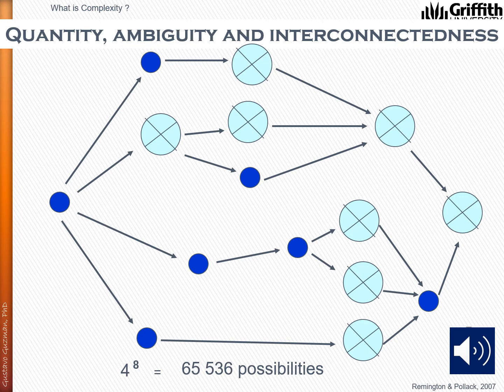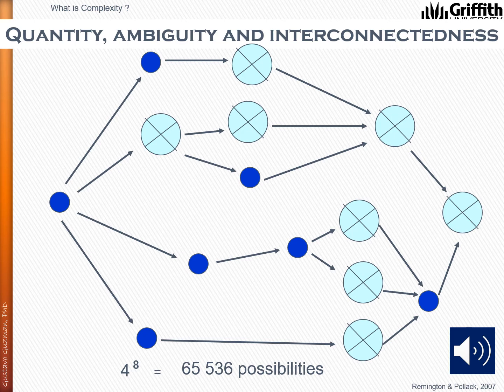In this example, we show a larger project. We have 15 different elements, and of those 15 elements, 8 are ambiguous. That is, each of those 8 elements may have different outcomes. And in this case, we are assuming again that each of those ambiguous elements may have only 4 different outcomes.